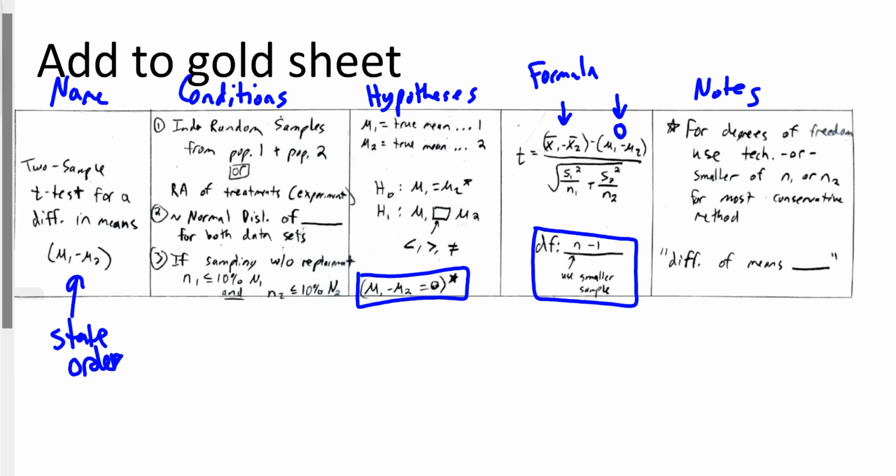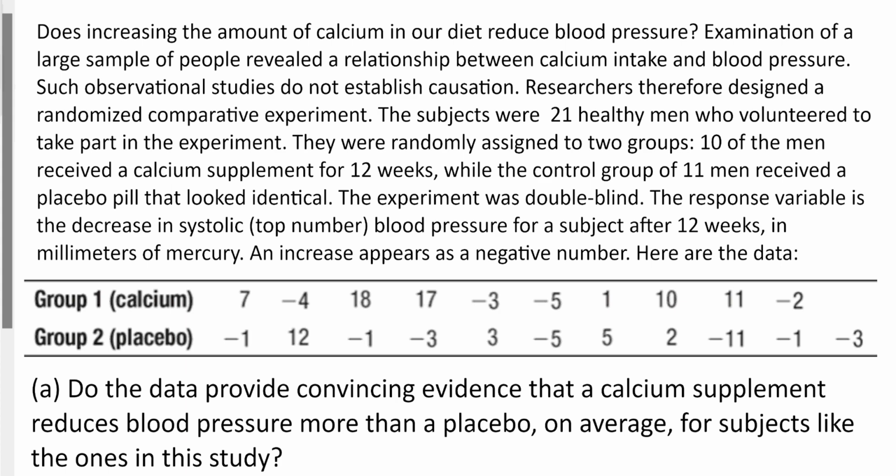So what I'm going to do is leave you with this. I'm going to have you try this one. Read through the two things. And this time we're given individual data. And you have to, again, do a two-sample t-test.